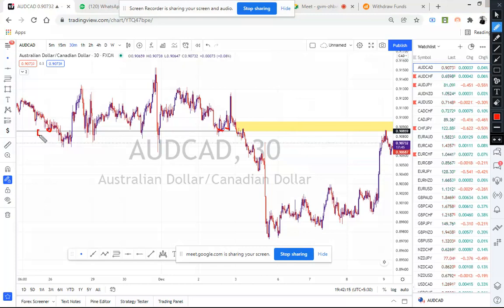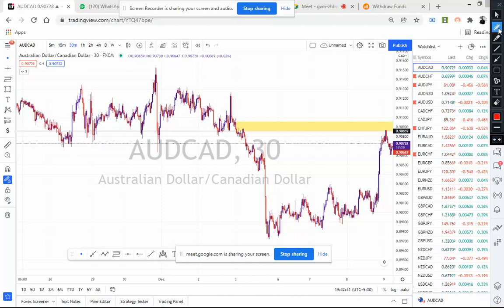Here we have the left support, and here we have the right supports. If you look at all the right supports, they didn't close below this level. So from the right support, I draw it. Then this is my lower low structure.